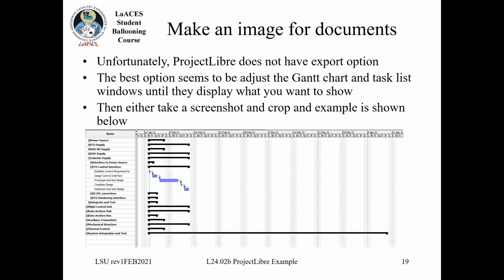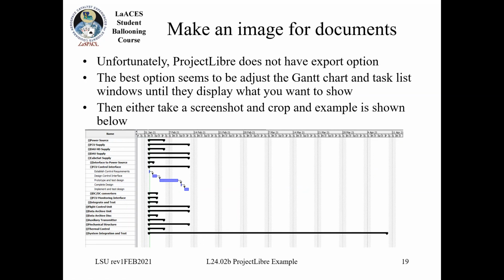Another limitation with this particular software is it does not have an export. There is an export to PDF, but that basically just prints it out as a series of sheets.